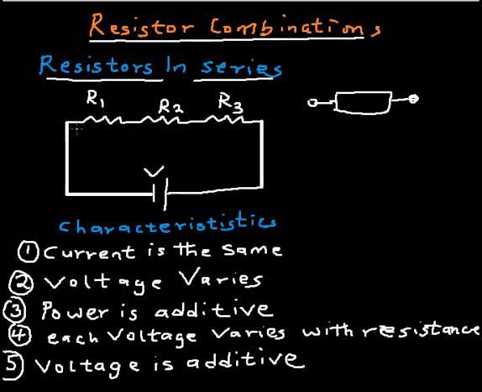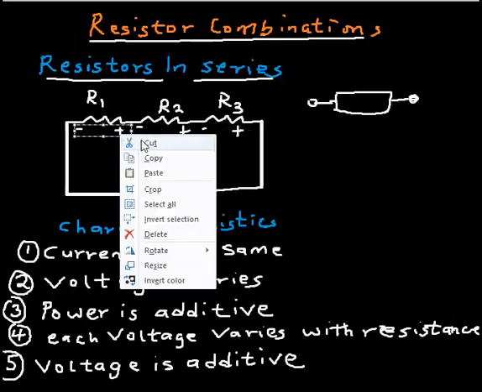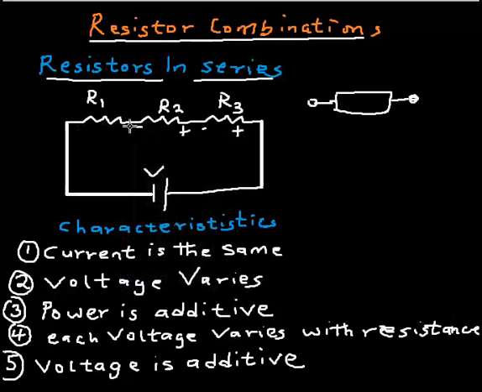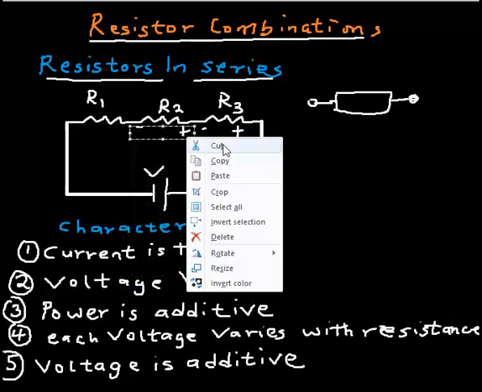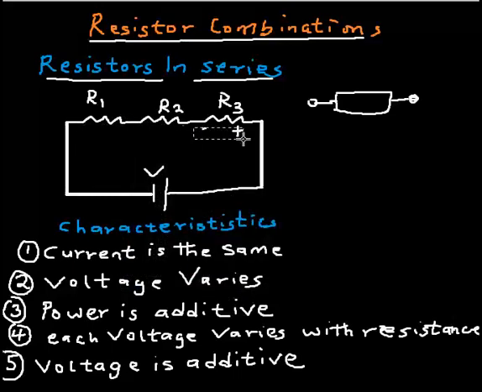Let's say this negative and this positive, then this is negative, this positive, this negative, this positive. We will talk more about the terminals of resistors when we treat Kirchhoff's law. But this is just a typical series connection.